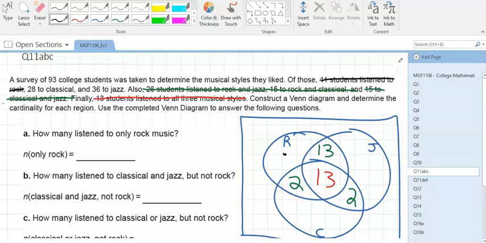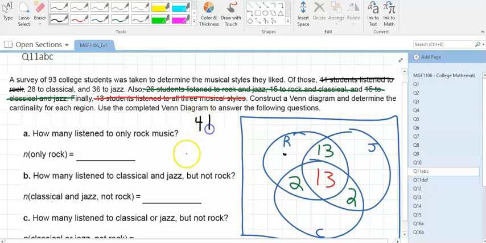We have 13, 13, and 2. So we have 41 students for this circle, but again, you already have 13, 13, and 2 taken care of. So how many are left? Well, 13 plus 13 plus 2 is 28. 41 minus 28 gives us what?